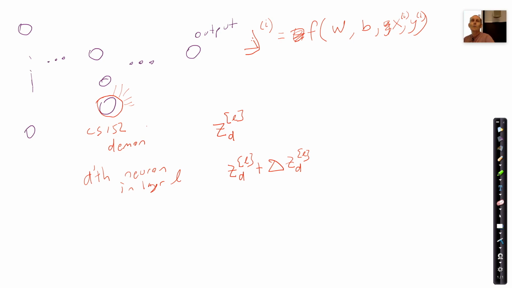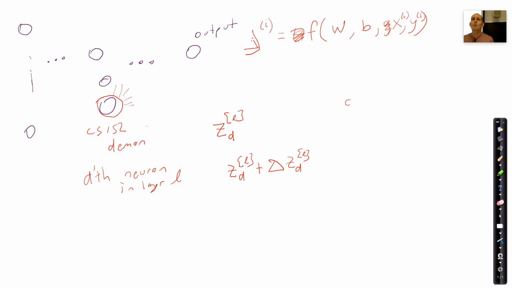But we have a way of representing the rate at which J changes based on how this neuron changes. Okay? Because J is a function of other things, but as well it's a function of Z sub D at L.